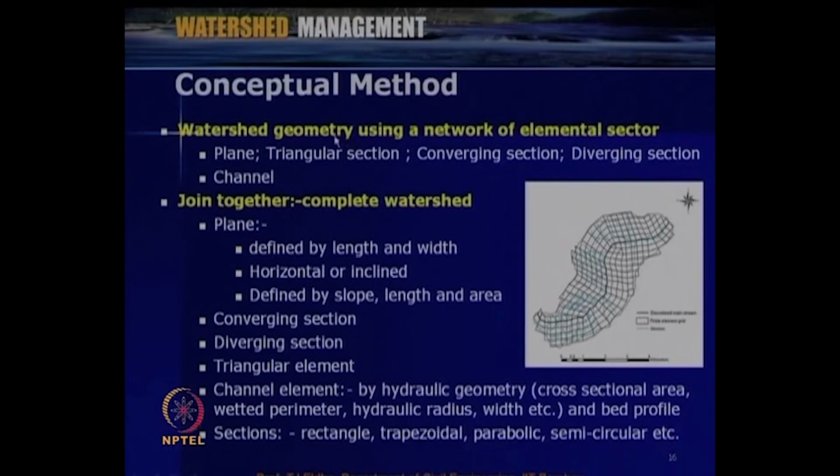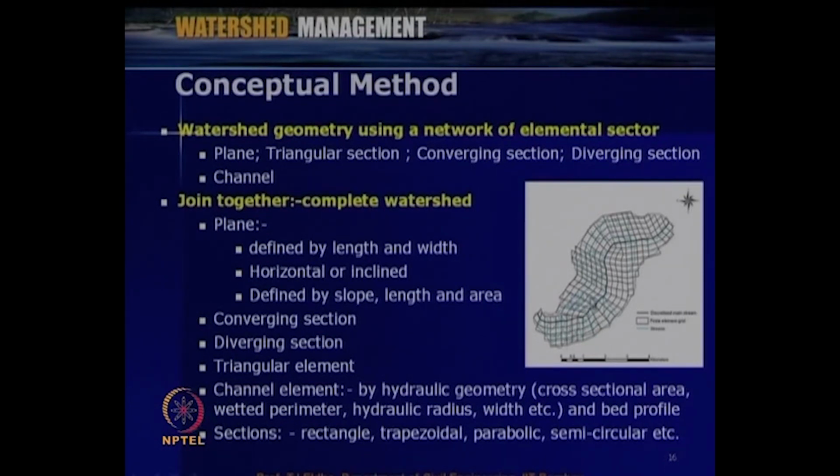Now, the next one is the conceptual method. In the conceptual method, watershed geometry is defined using a network of various elemental sectors like a plane, triangular section, converging section, diverging section, and of course, the channel.